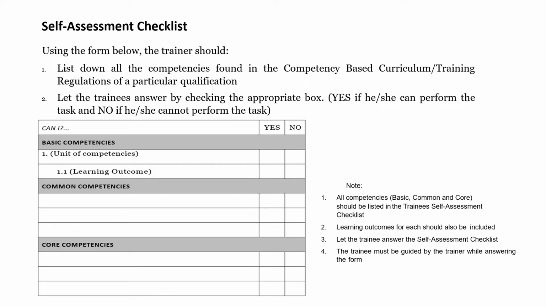As you can see here in the table, you will list from the basic, common, and core competencies, their respective units of competency, and their specific learning outcomes, as is. The arrangement in your training regulation should be reflected in your self-assessment checklist.